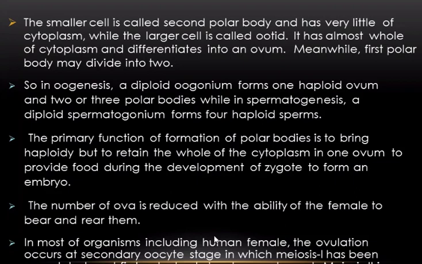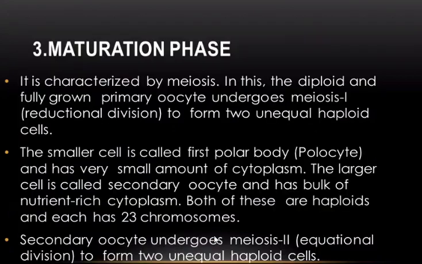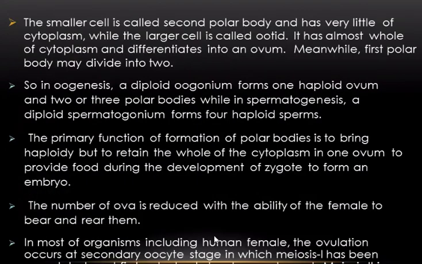In most organisms, including human females, ovulation occurs at the secondary oocyte stage, in which meiosis I has been completed and the first polar body has been released. And meiosis II is completed only at the time of sperm entry. These were the three phases of oogenesis: the multiplicative phase, growth phase, and maturation phase.